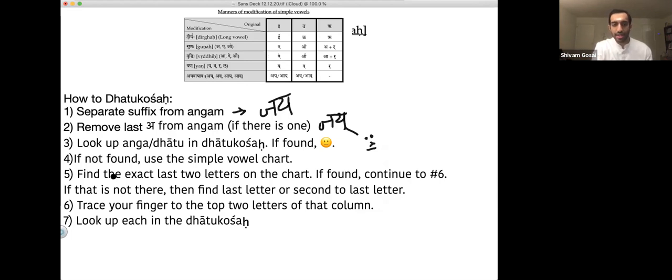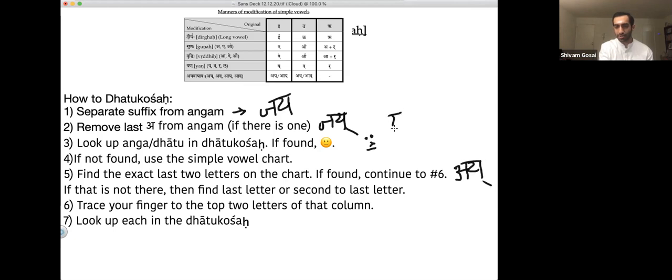Okay, now we go to number 5. Find the last 2 letters of our anga or dhatu on the chart. And if it's found, we continue to number 6. So our last 2 letters of jay are akara and yakara, right?